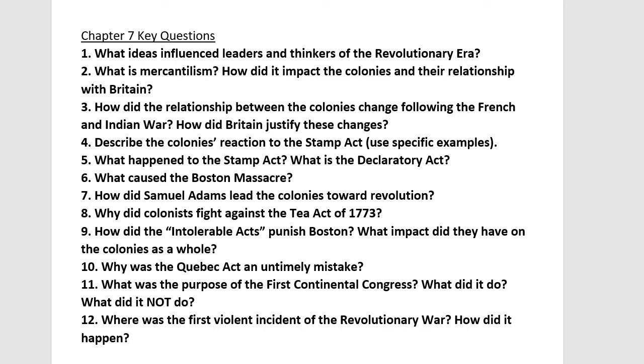So Britain gladly justified it, saying, you have not paid your fair share. We fought a war for your land and for your country, and so it's only fair that you now begin to pay your right amount. George Grenville also claimed that they were virtually represented and that Parliament had the right to pass these laws whether or not the colonists had representatives in Parliament.